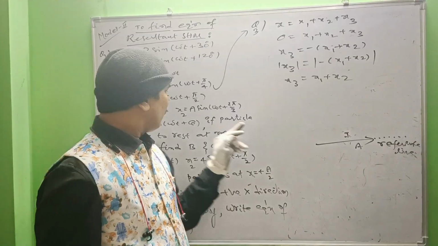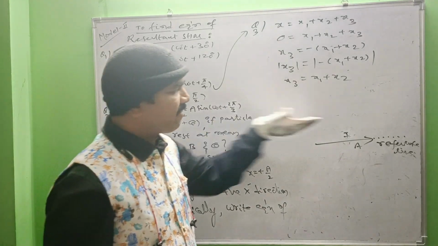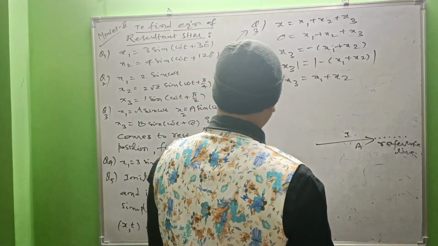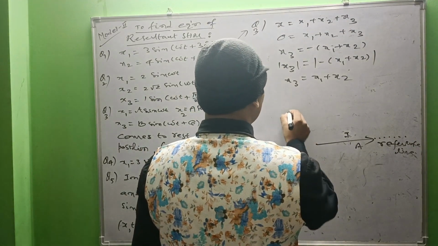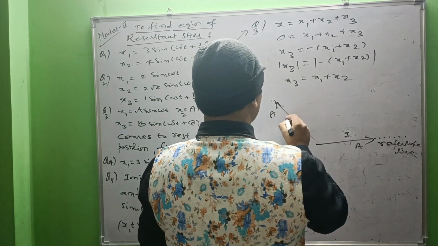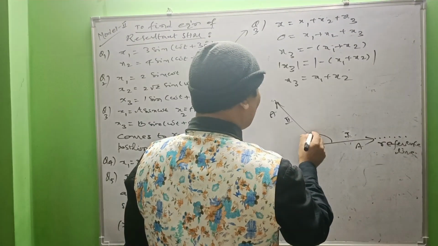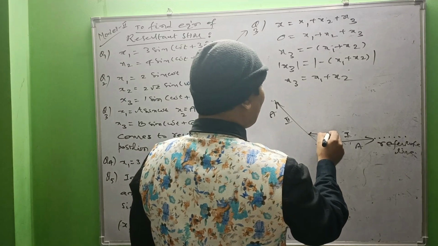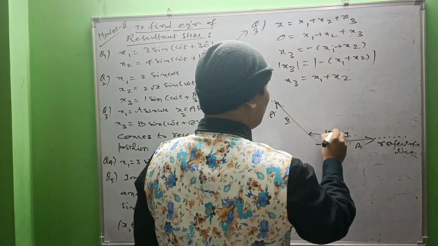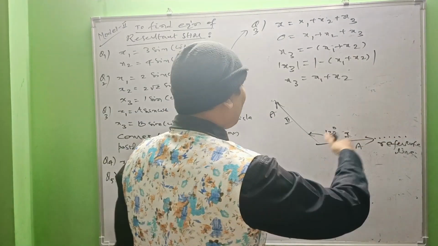So initially, the amplitude of the second oscillation makes an angle 2 pi by 3 with the reference line. 2 pi by 3, that is 120 degrees, like this. This is also A only. Second oscillation, 120 degrees. Now this is x1, x2.